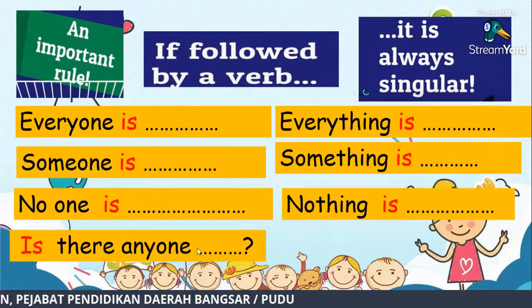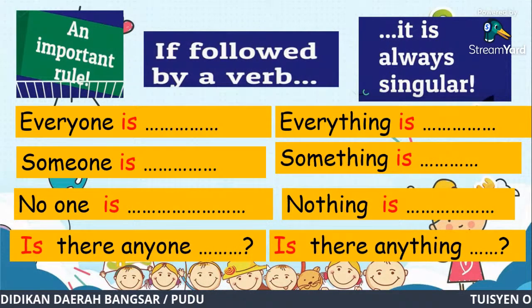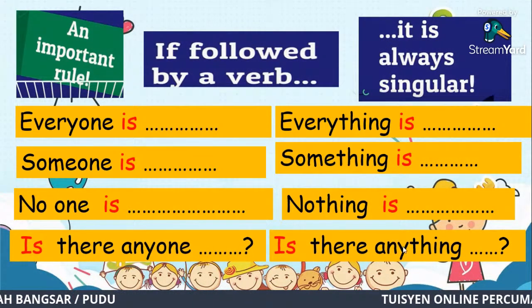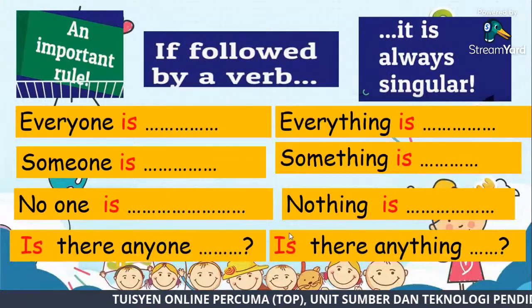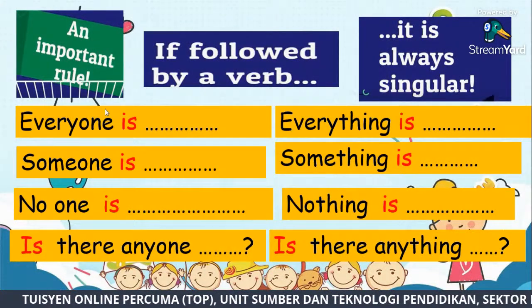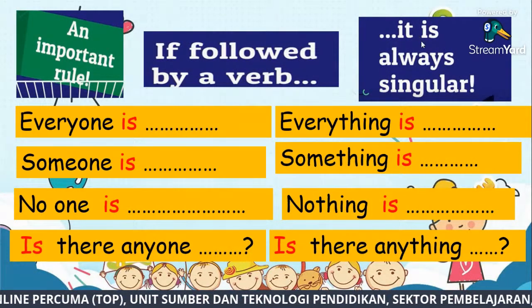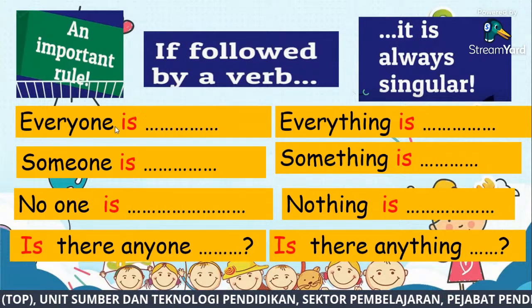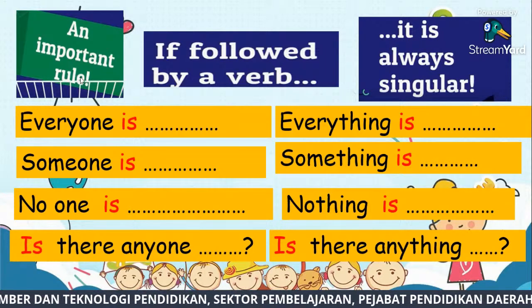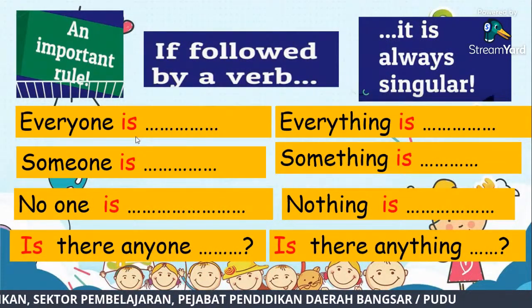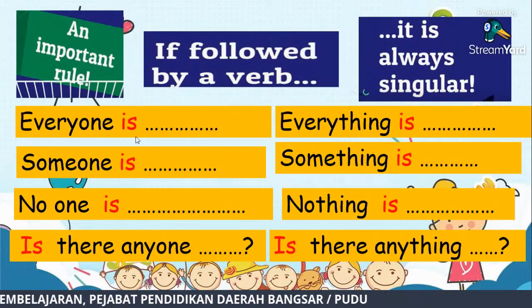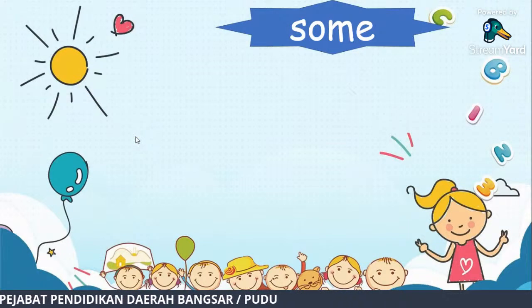Followed by anything, you will also be using is. So obviously, as you can see here, we will be using a singular verb when we use an indefinite pronoun. That is a very important rule that you have to know, and we shall just proceed with the examples here.